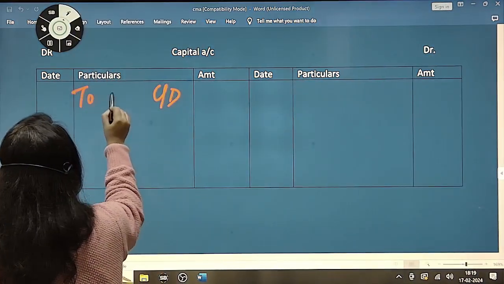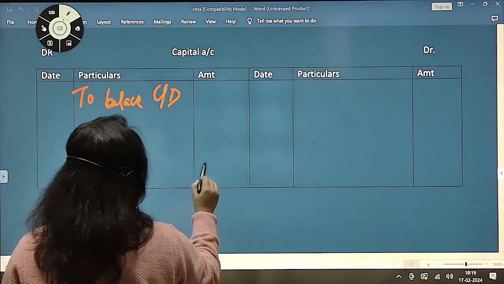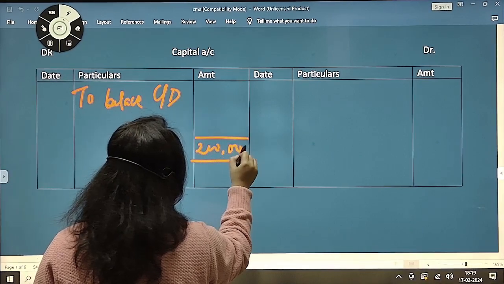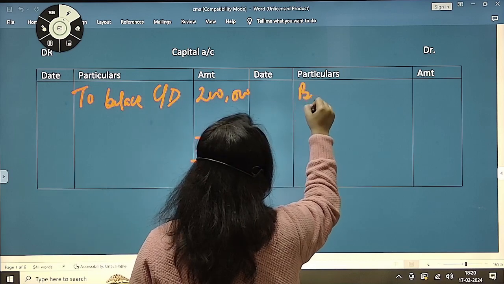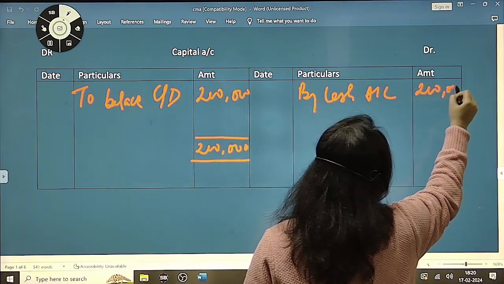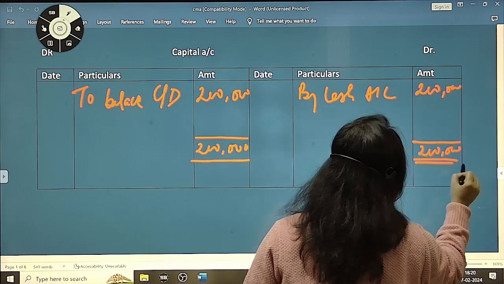To balance CD, this is 2 lakh rupees, and here we are getting 2 lakh rupees, and this was your by cash account 2 lakh. So we are balancing it here, 2 lakhs. Okay. Yeah.